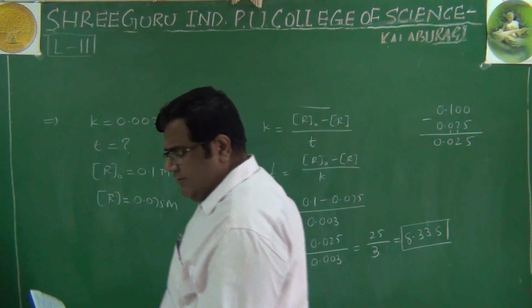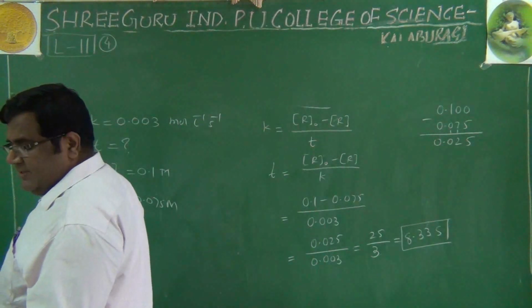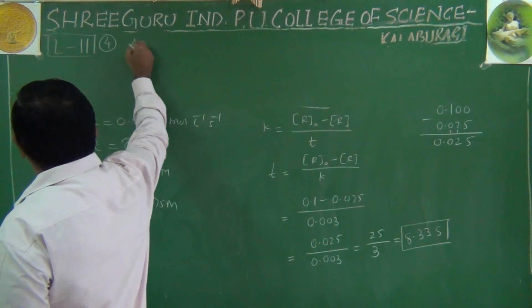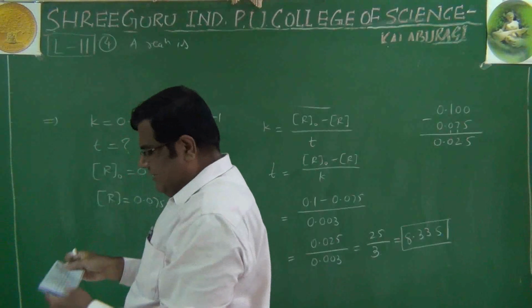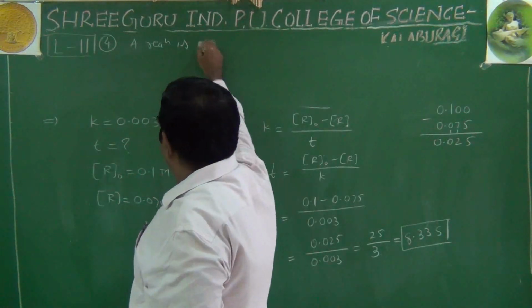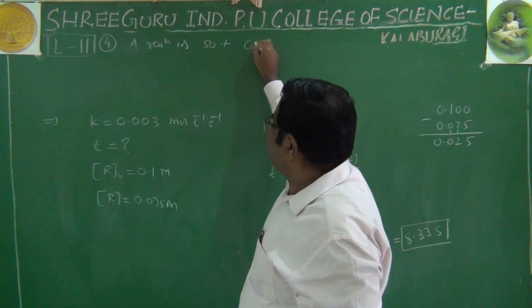Now we can see question number 4. A reaction is 50% complete in 10 minutes, which means they are giving the half-life period.